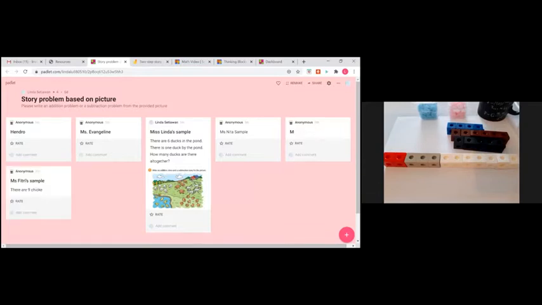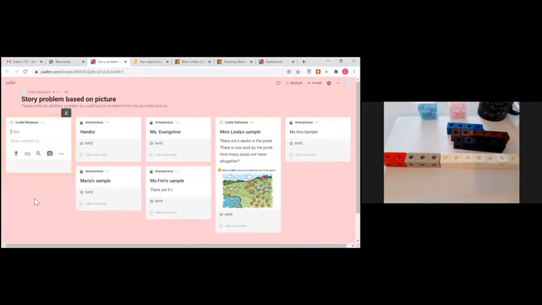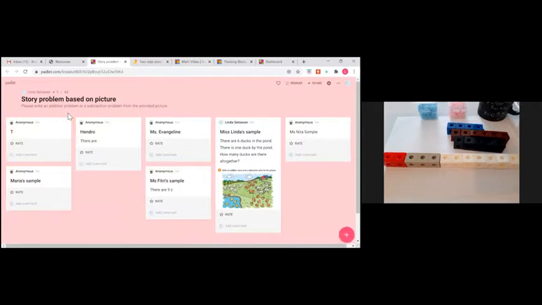If you've never used Padlet before, you see this plus button at the bottom right corner, and you can click on that in order to add something. You can also double click everywhere on the screen and it will provide a place for you to write your problem. The math problem, of course.